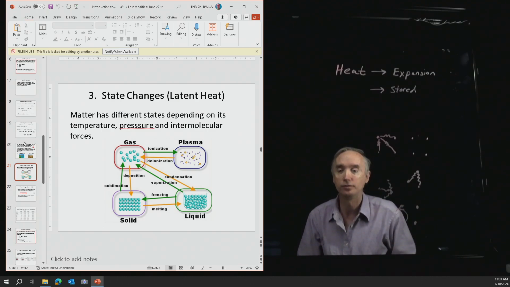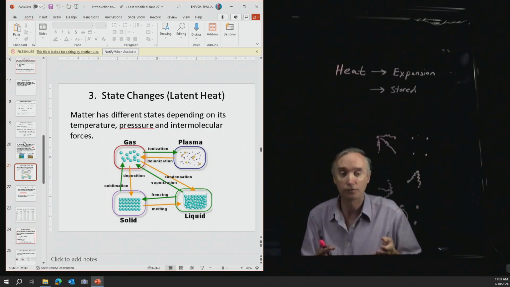And you could even go from a solid to a gas directly. So imagine that you have some ice cubes, and you put the ice cubes in your freezer, and then you come back a couple of weeks later, you'll notice that those ice cubes have gotten smaller. And that is because they have changed directly from a solid into a gas. Frozen CO2, so carbon dioxide, dry ice, it does the same thing.